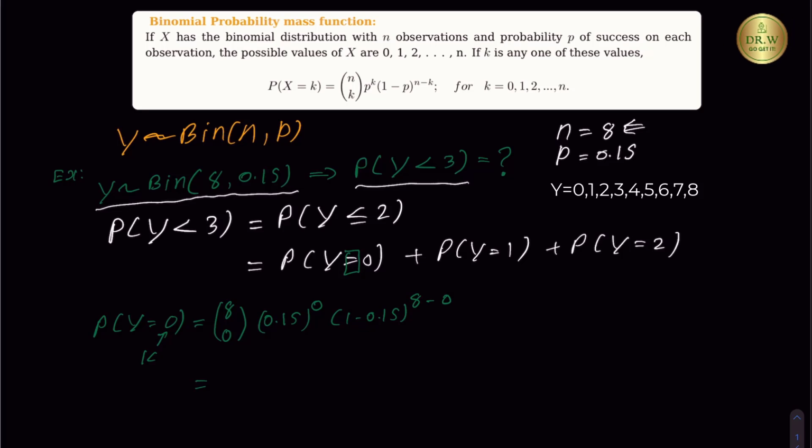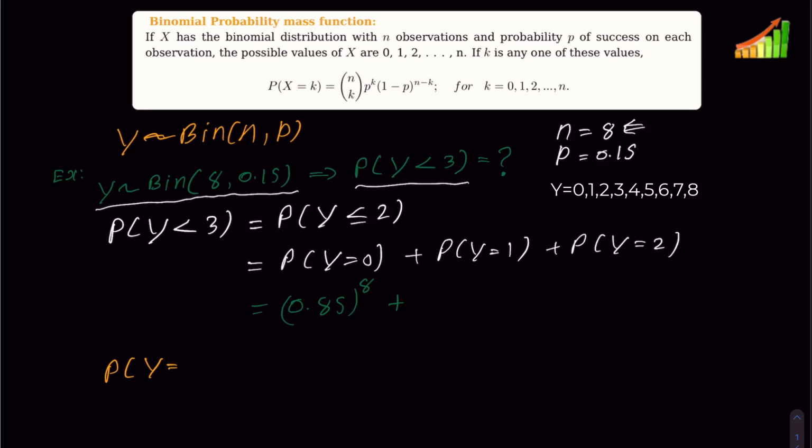As I explained in my previous video, 8 choose 0 is 1, and any value to the power 0 is 1. So this should be 1 and this is also 1, and then 1 minus 0.15 is 0.85, to the power 8. So this is 0.85 to the power 8.